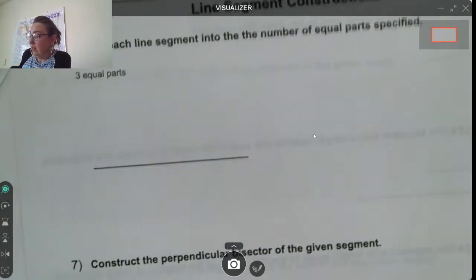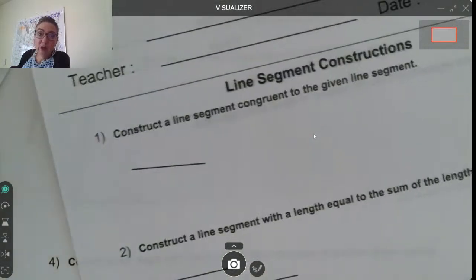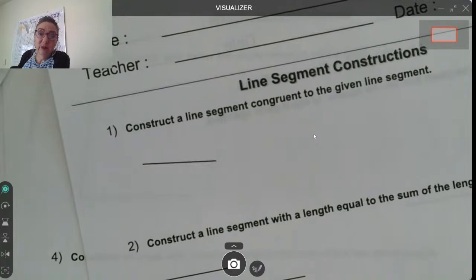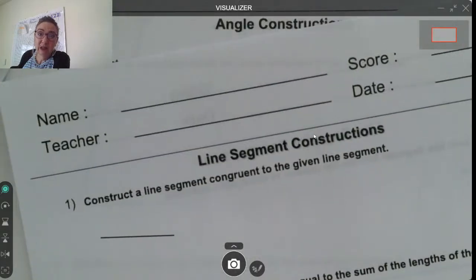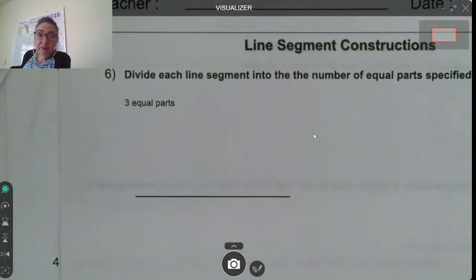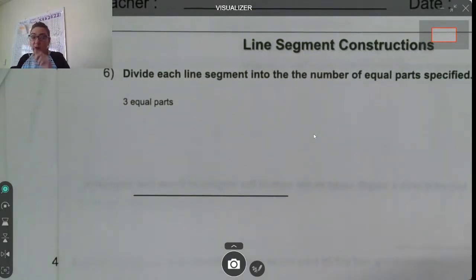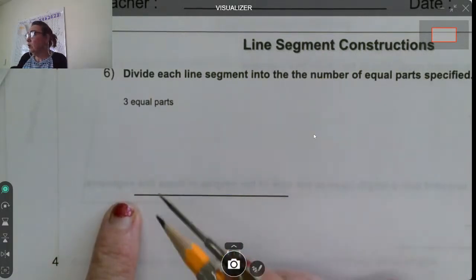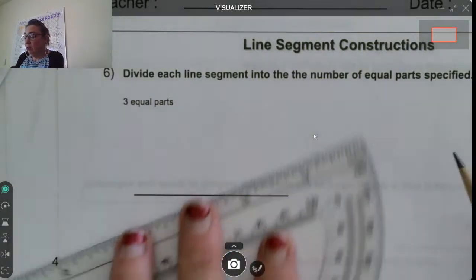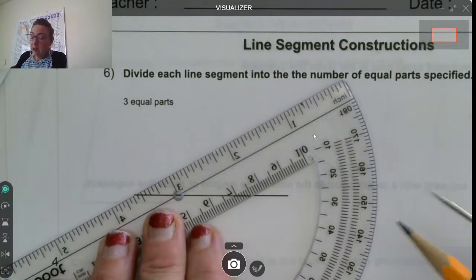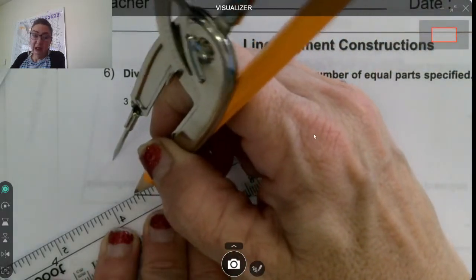It's the one we started with, where we constructed a line segment congruent to the given line segment, but it's on the back. Now, like I said, you don't have to do this one. I just want you to watch me do it. The first thing we do when dividing a segment into equal parts is draw a segment coming off of it.